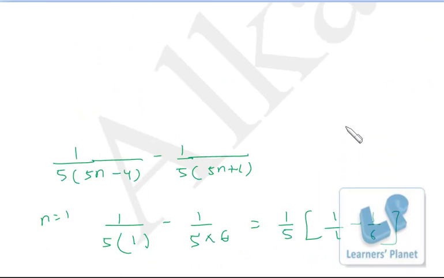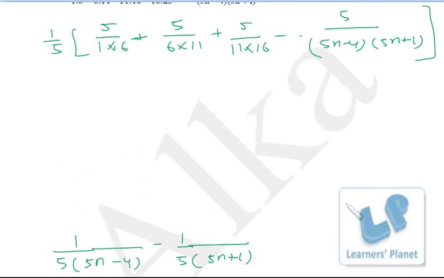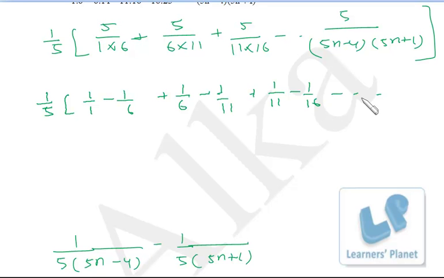Now 5 upon 1 into 6 can be written as 1 upon 1 minus 1 upon 6 plus 1 upon 6 minus 1 upon 11 plus 1 upon 11 minus 1 upon 16 plus ... plus 1 upon (5n minus 4) minus 1 upon (5n plus 1).